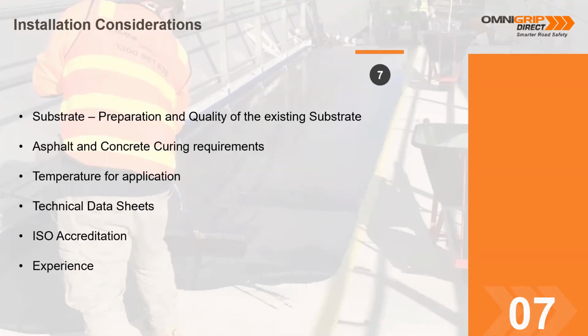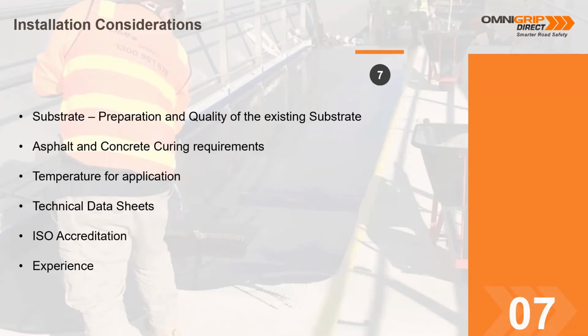Generally, anything under 10 degrees is too cold to be applying a surface treatment on the road, and anything above 60 degrees is clearly too hot. The road temperature is always different to the actual air temperature, so it's important to understand that.